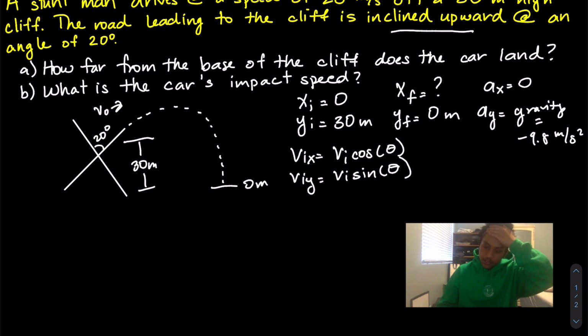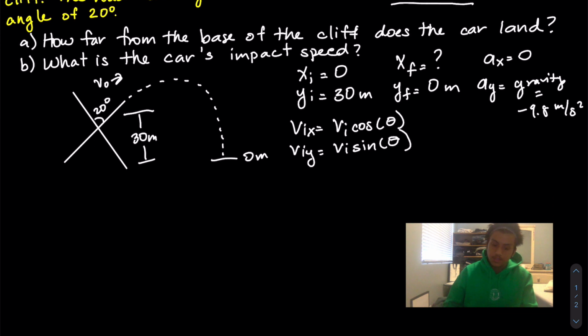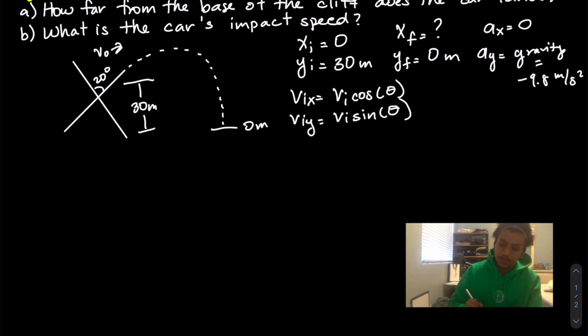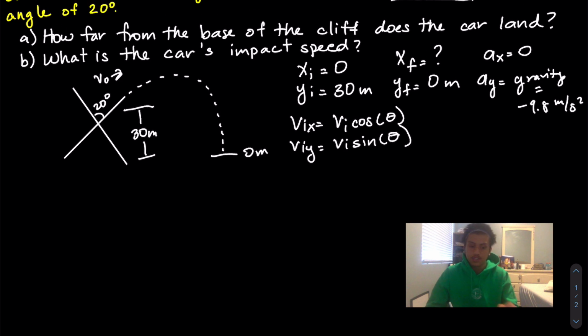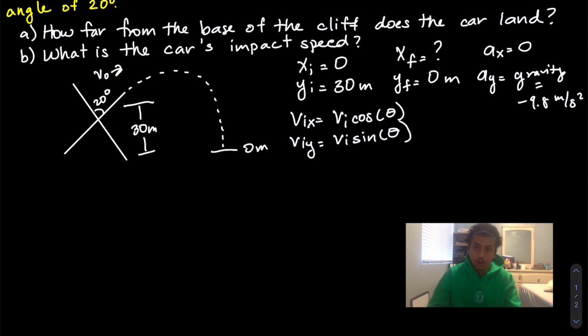So you would use the kinematic equation to solve this. The first thing you would solve for is the y. So you solve for the y first to get the quadratic equation, so you can use the quadratic formula to find the time, which is what we need to find out how far the car will land.